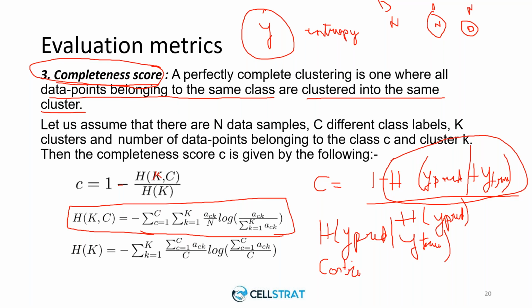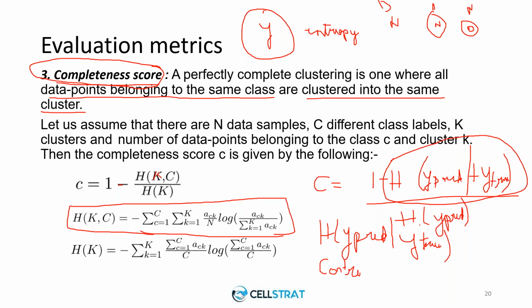So there, what are you checking? You are checking whether whatever has been classified is correct or not using the help of a log function, a log metric. So you are using the same thing here, except for a conditional entropy divided by the entropy of the y predicted.